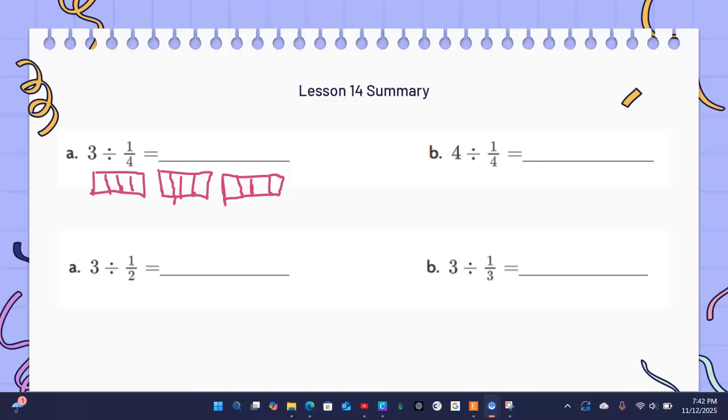And we understand this to be 1, 2, 3, 4 in this box. So we have 4 right here and 4 right here and 4 right here.